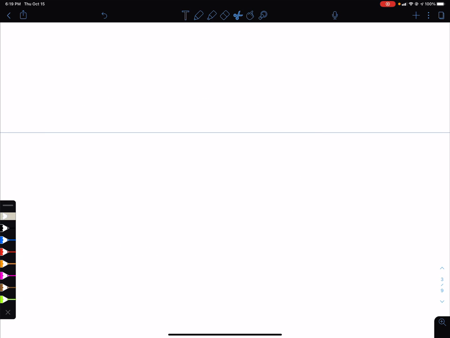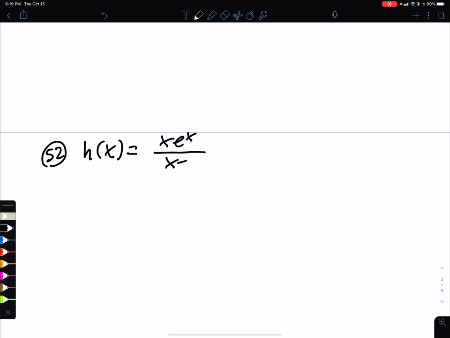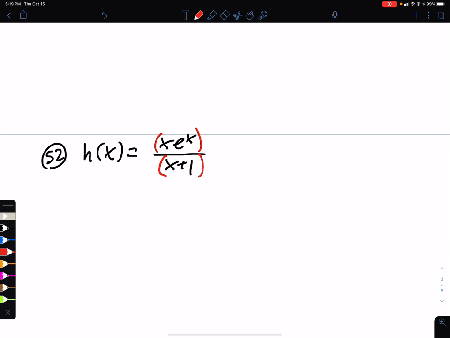And we have one last one, number 59. And this one is kind of ugly also. It's a double rule that's happening. H of x is x e to the x over x plus 1. Remember the implied parentheses, so we have a quotient rule.